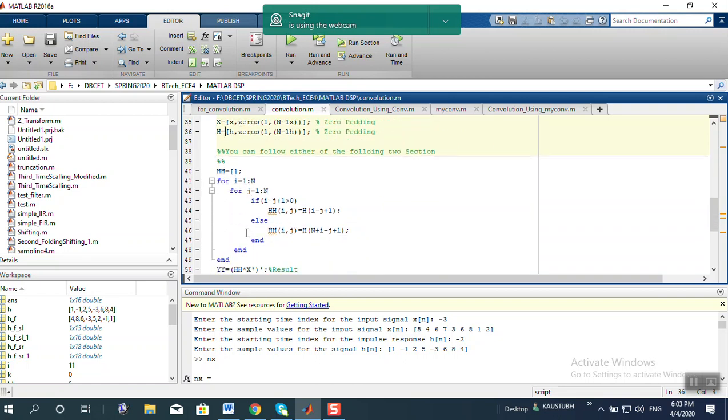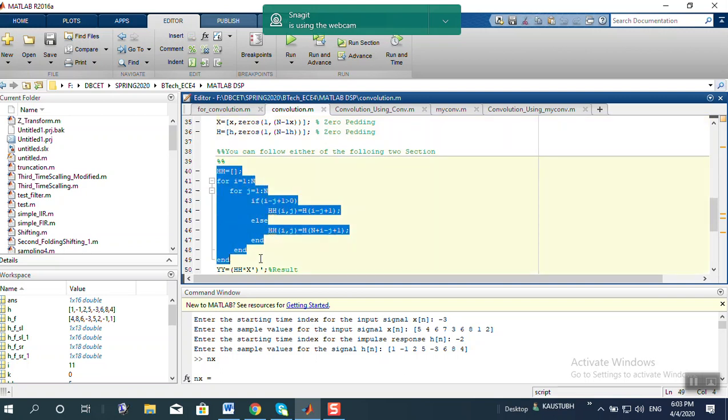Then I utilize the matrix method of convolution, as we did in the theoretical class. So this part is for creating the matrix. I'll tell you how it is being created.